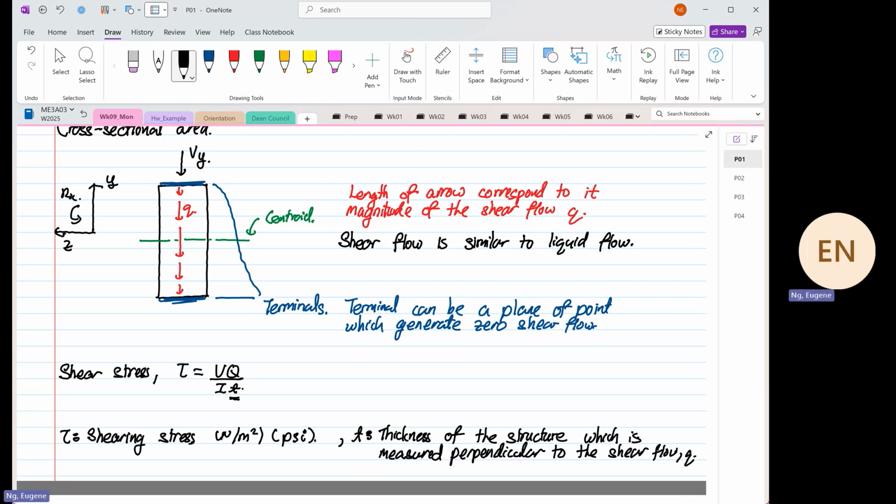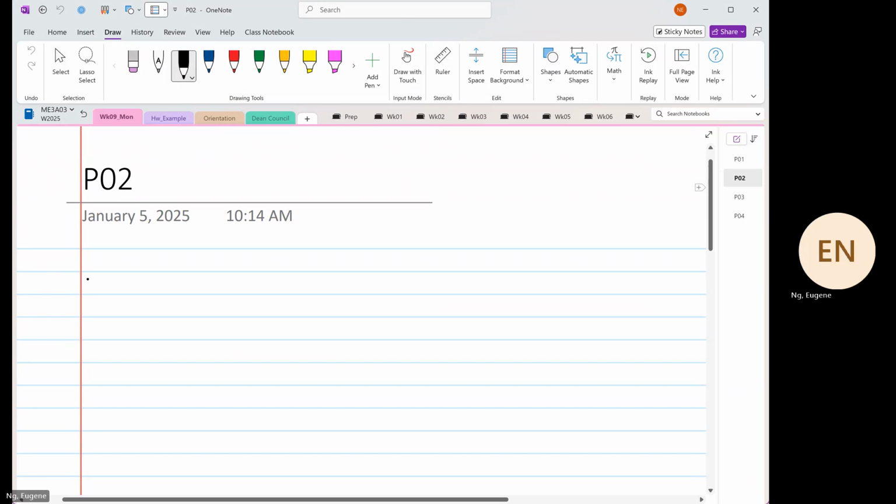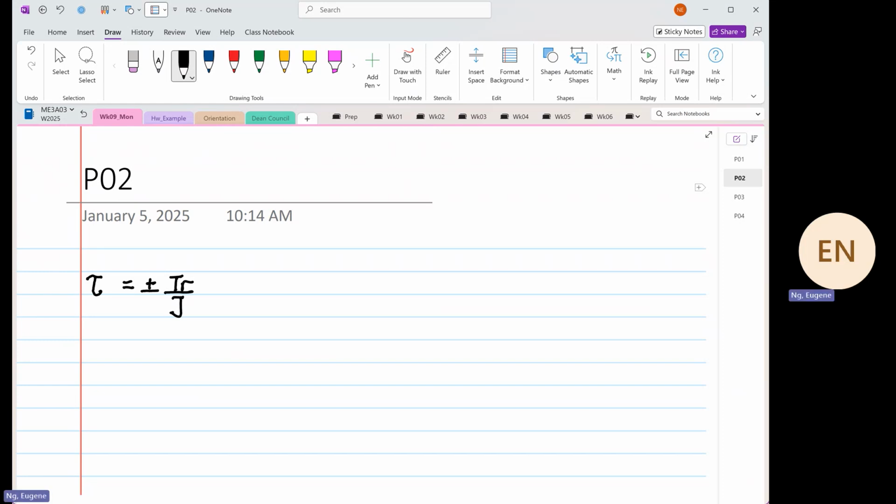If we were to look at shear stress, shear stress can be equal to TR over J, or plus minus Vy over Izz Qz over t, plus minus Vz over Iyy Qy over t.